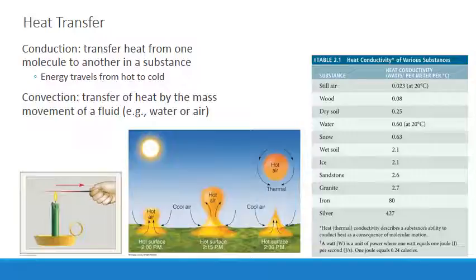Objects that are poor conductors, such as air, are called insulators. Most objects that are good insulators, like cork, plastic foam, goose down, contain a lot of small air spaces. The poor conductivity of the trapped air gives those materials their insulating value. So snow is a really poor conductor.